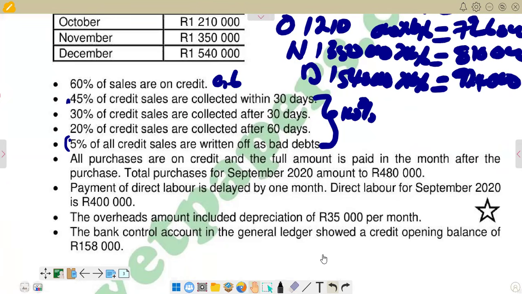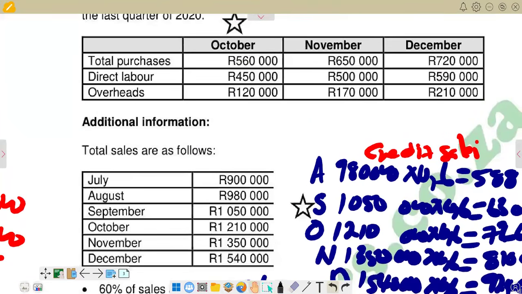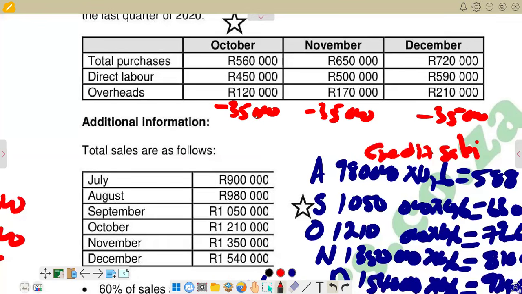So every month we subtract 35,000 since it's a non-cash item. For October, minus 35,000. For November, minus 35,000. And for December, minus 35,000. So we are saying 120 minus 35,000, 170 minus 35,000, 210 minus 35,000.